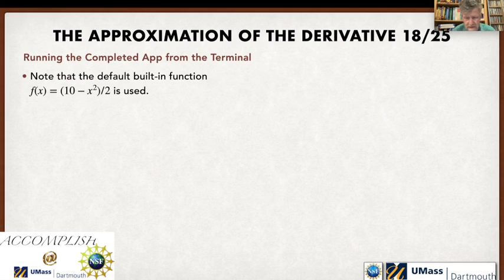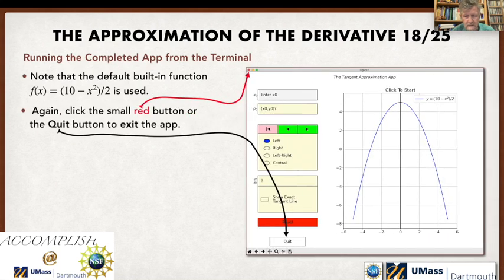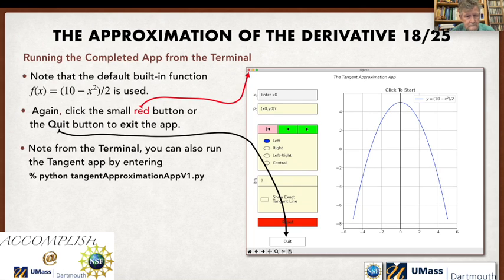Of course, as before, the default function will be used. And again, I'm showing you a snap of the running app and again how you quit. Now finally, you can also run the app directly from the terminal without using the example 0.py file by entering the command python tangent app v1.py.